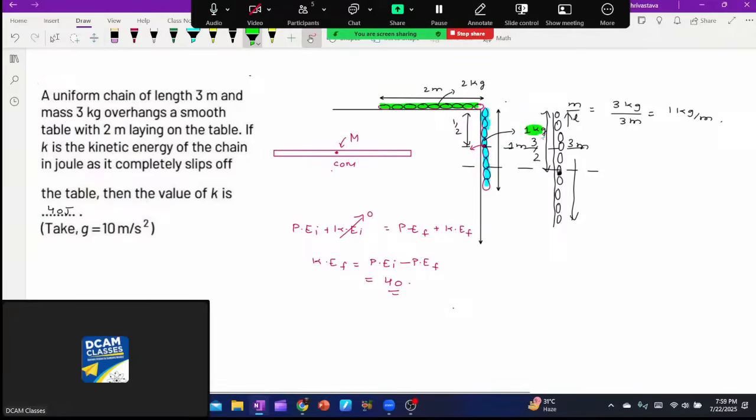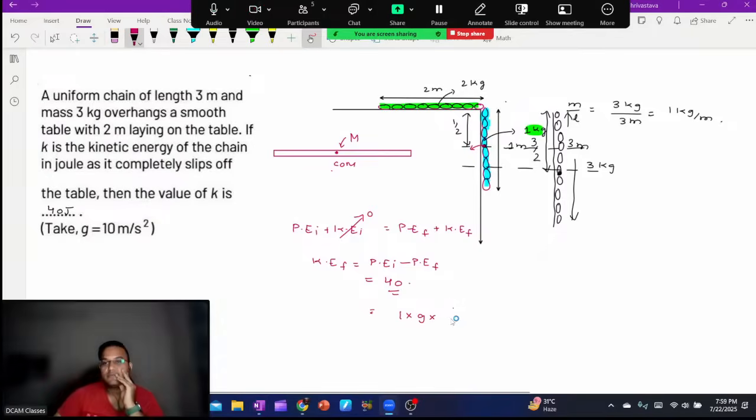But finally, when the total mass came here, the mass has become 3 kg. That's the mistake I am doing. Initial potential energy was 1 into g into 1 by 2. Final potential energy is 3 into g into 3 by 2.